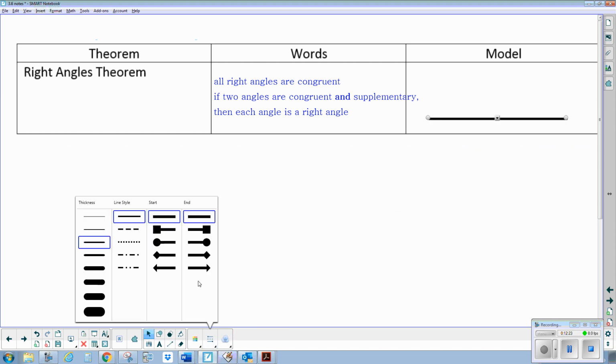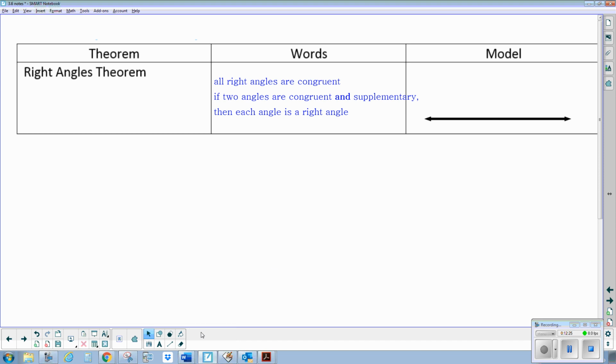If we have 2 angles that are congruent and they're supplementary, that means that each one has to be 90 degrees, because 90 plus 90 is 180. Those are the only 2 angle measures that are congruent and add up to 180. And make sure that when you mark right angles, you mark them with that little box.